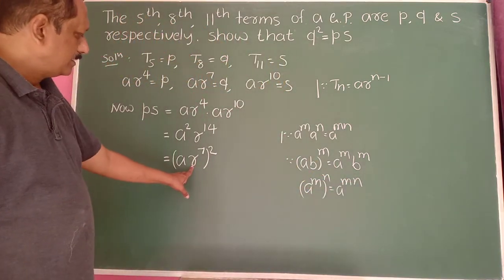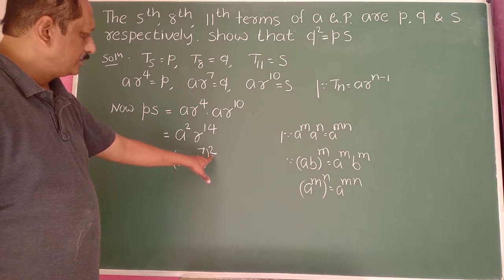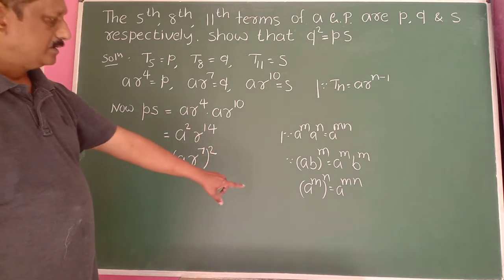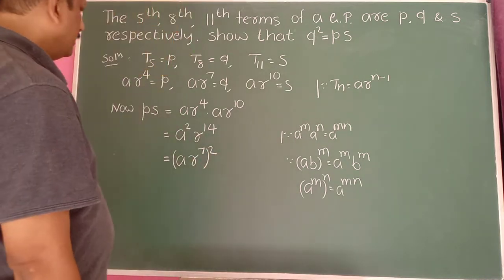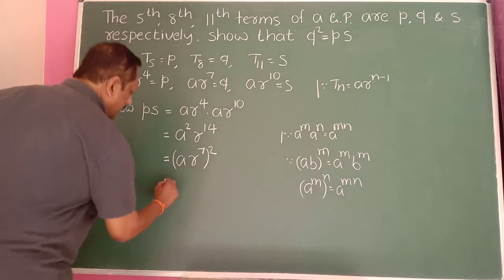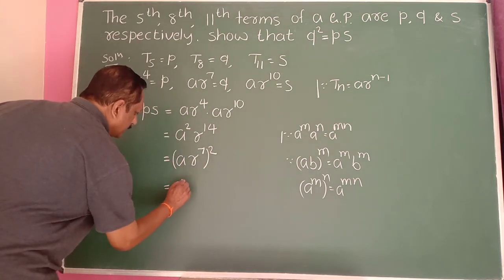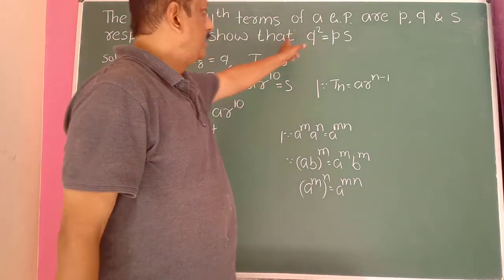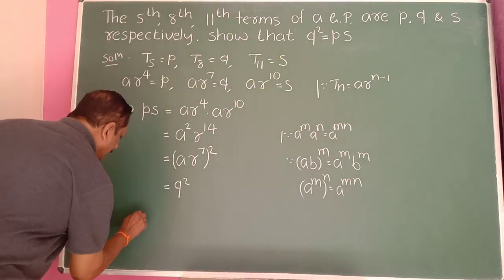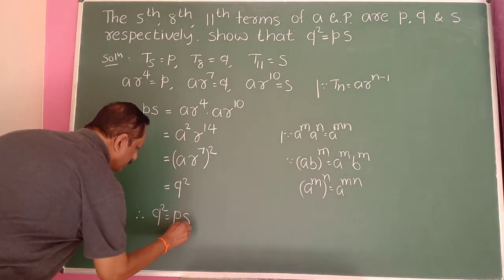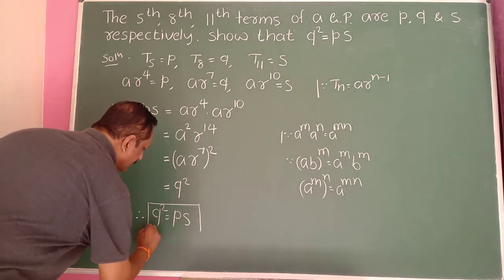So r raised to 7 raised to 2, r raised to 7 2s are 14, r raised to 14, we are using this here. Then a r raised to 7 is Q. Hence this is equal to Q square here. So LHS again. So RHS is equal to LHS. Therefore we can write here Q square is equal to P into S.